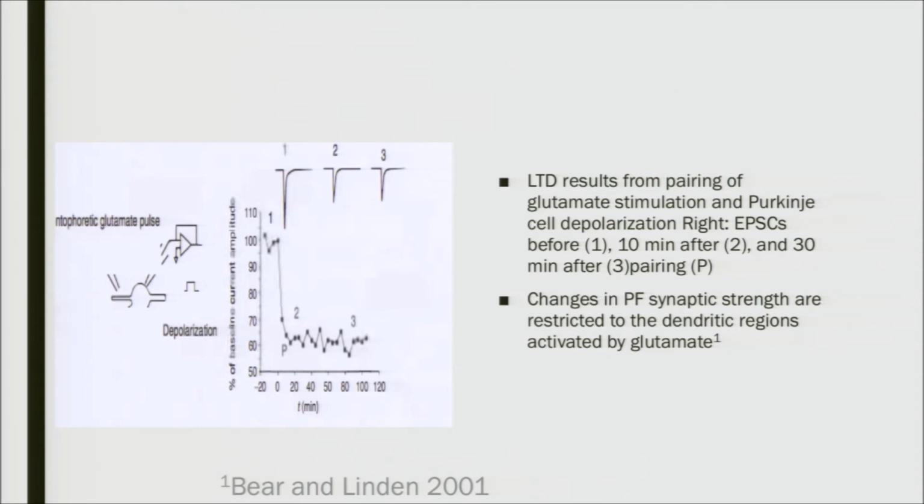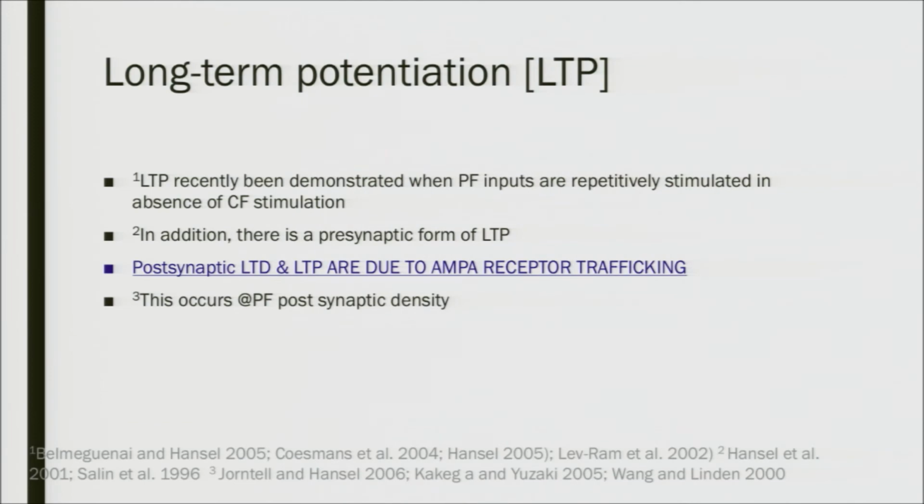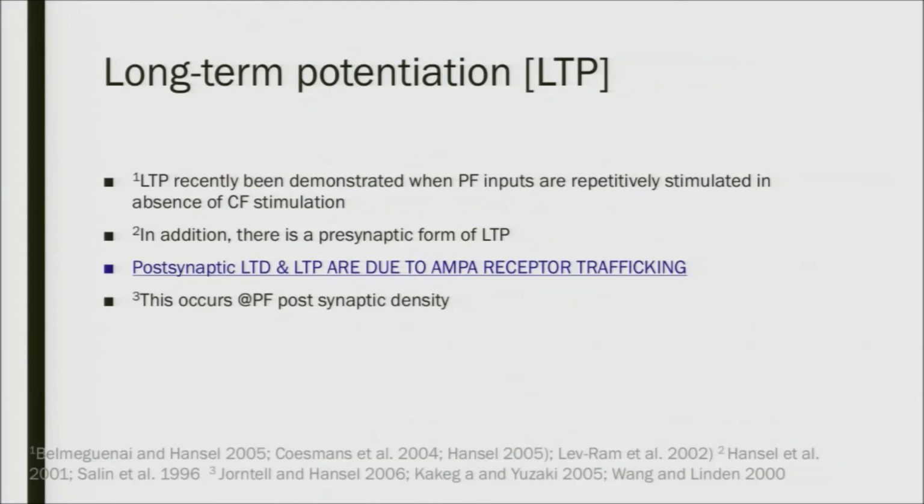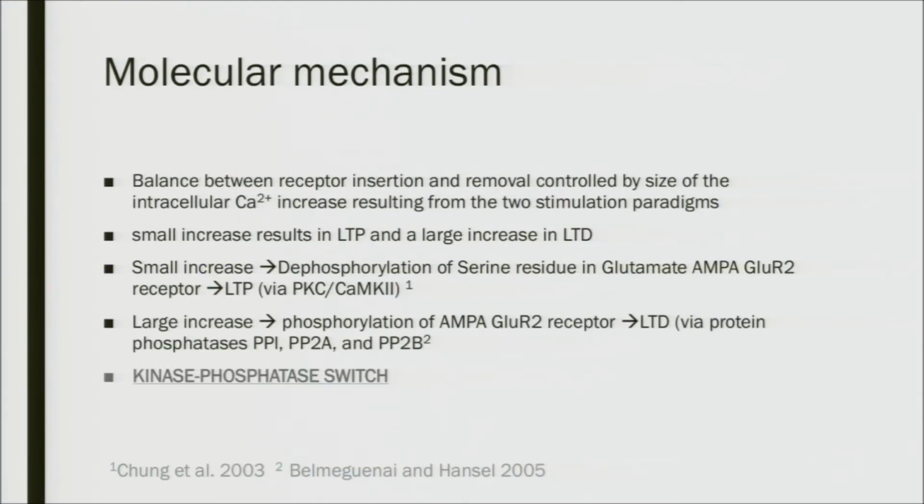These were the experiments conducted and the graphs obtained. So it suggested that there is probably long-term depression happening there. Another mechanism called long-term potentiation has also been noted recently. Whether it be long-term potentiation or depression, both are related to AMPA receptor trafficking. What is that? We'll come to that.